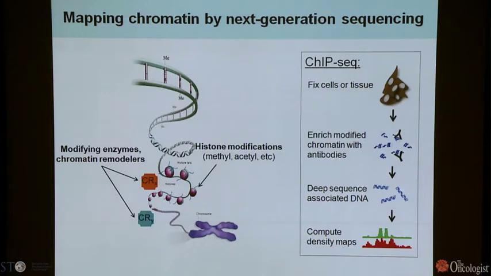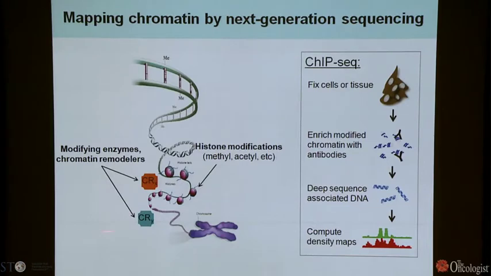Okay, so I think you've heard a lot of background, but DNA is wrapped around these nucleosomes composed of histones, and the histone tails are these hot beds of regulation, subject to many different modifications, and it really depends on which residue in the tail is modified. You get different effects.